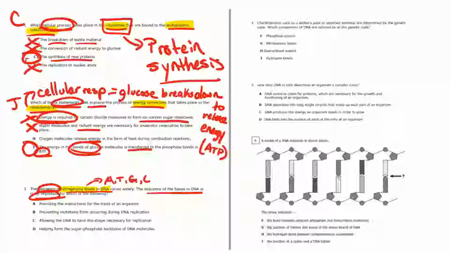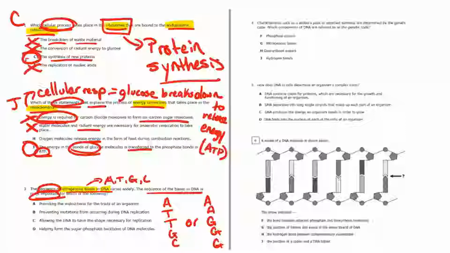Now they're saying sequence, meaning if I have A, T, T, G, C, and compare it to A, G, G, G, is that going to be different than the first one? If so, how? How does that affect the actual DNA?